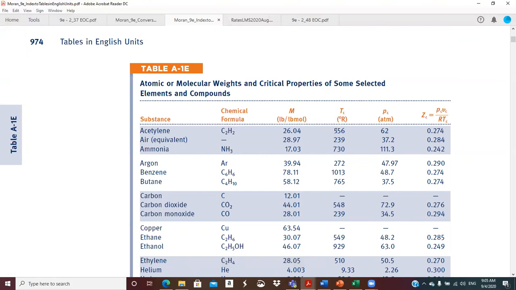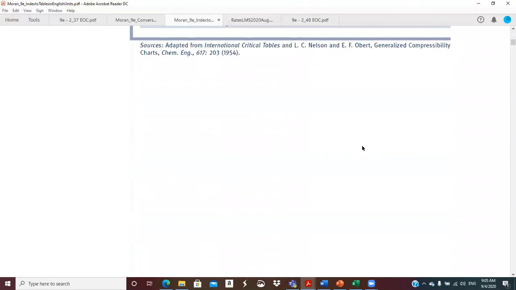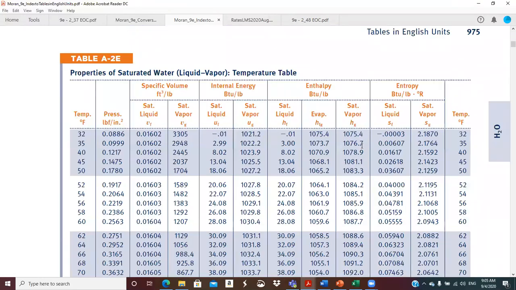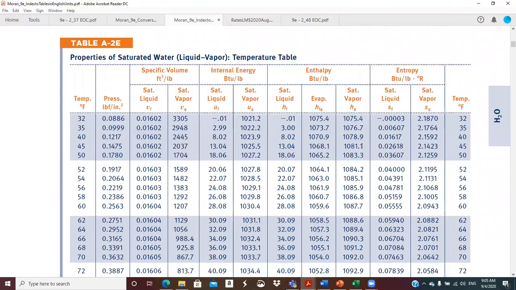This is the US unit, imperial unit chart, so you get Rankine, critical pressure in atmospheres, and this critical compressibility factor that we haven't defined yet.